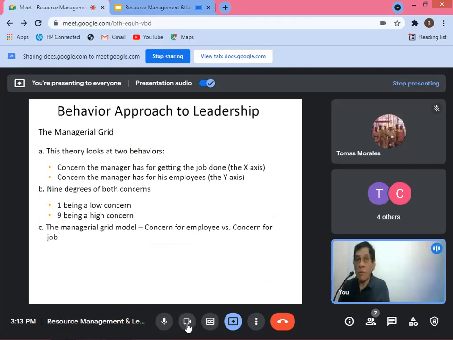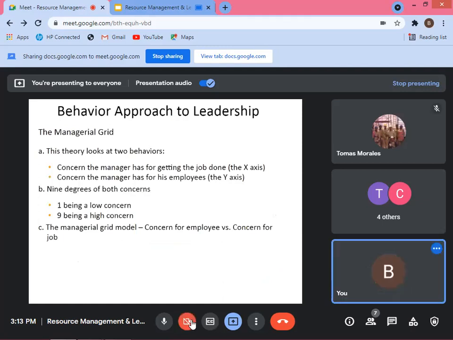Okay, let's now go to the managerial grid. I hope you understand theory X, theory Y. Is the continuum of leadership and theory X and theory Y clear to you? Now let's go to the managerial grid. This theory looks at two behaviors.